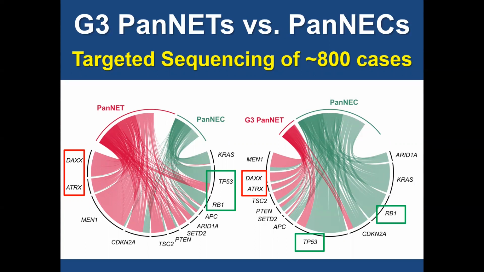Of course, targeted sequencing for these genes may not be feasible at all centers due to access and costs associated with the sequencing itself, but these alterations do represent a subsequent loss of their corresponding protein expression, which can be used as a surrogate.